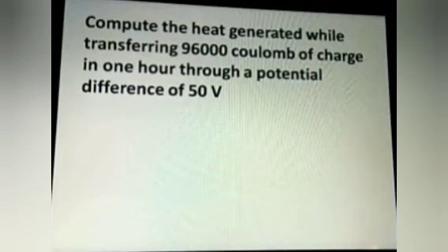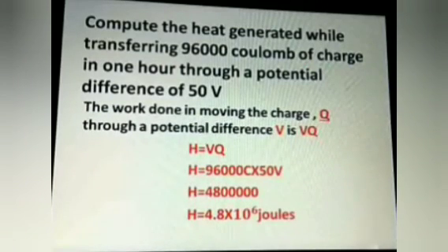Compute the heat generated while transferring 96,000 coulomb of charge in 1 hour through a potential difference of 50 volt. Here, the work done in moving the charge Q through a potential difference V is equal to VQ.